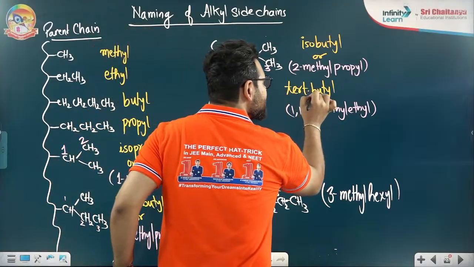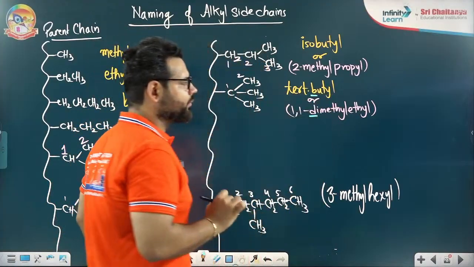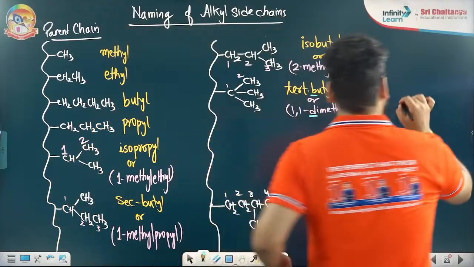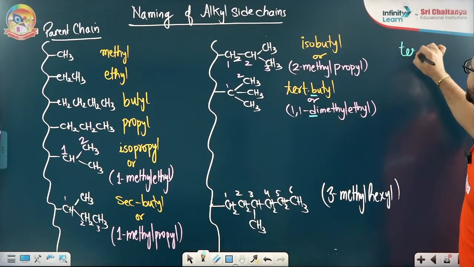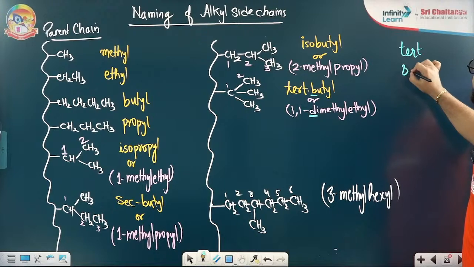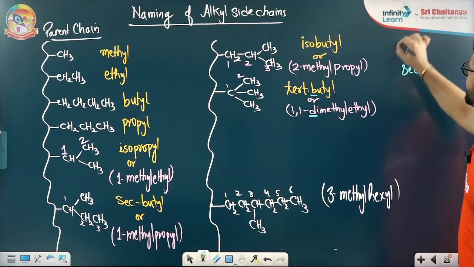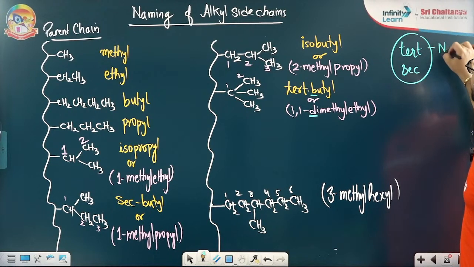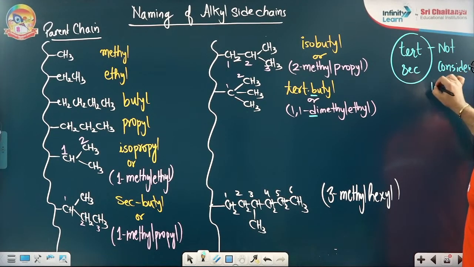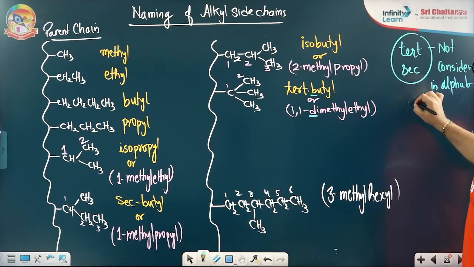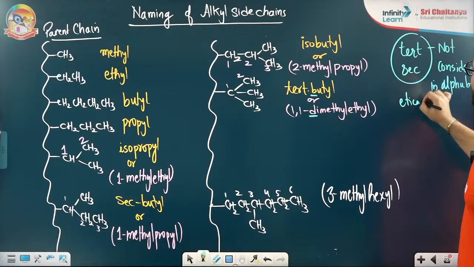Tertiary butyl starts with B, not T. So prefixes like tert and sec are not considered in alphabetical order.